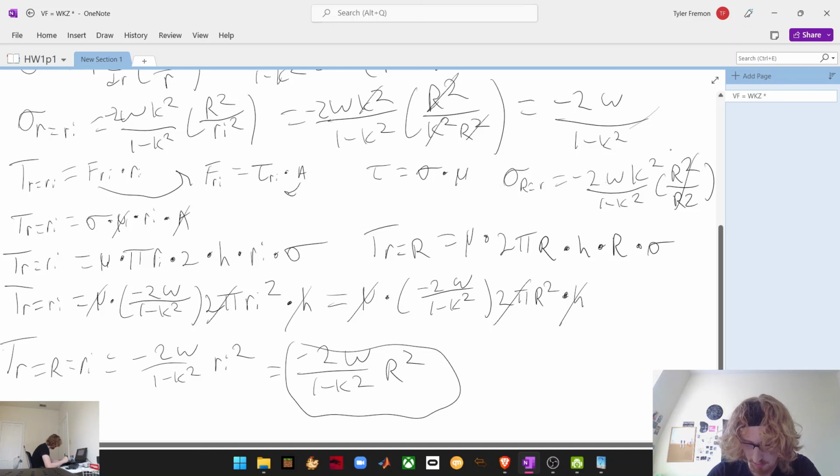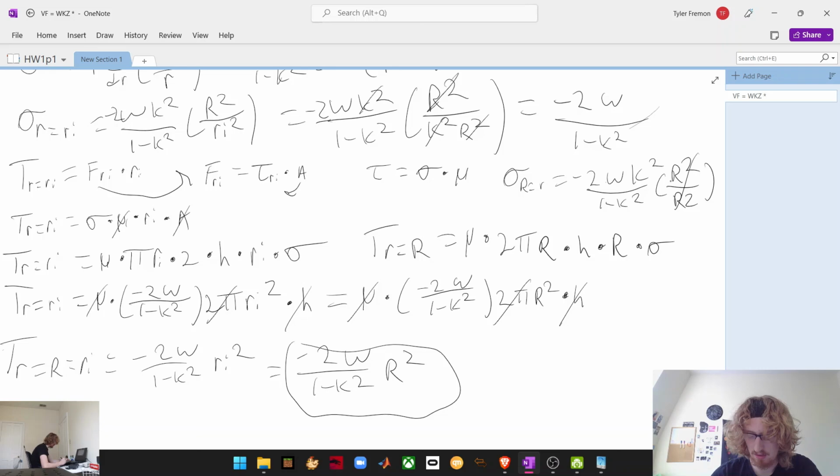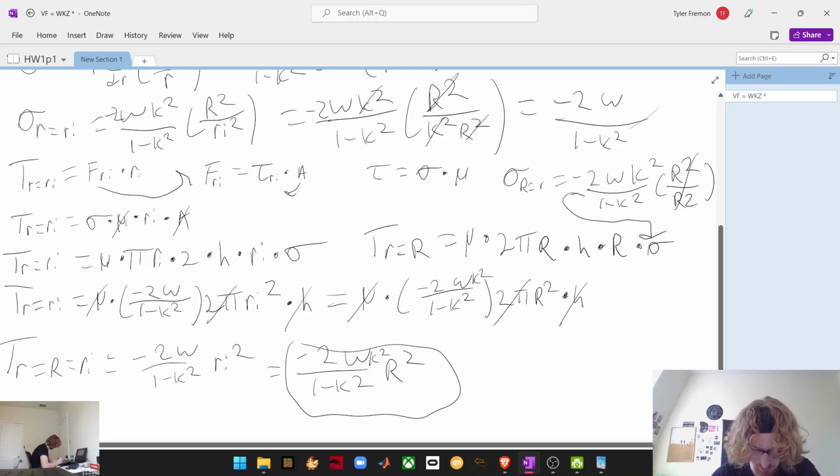So we're just going to be left with negative 2 omega k squared over 1 minus k squared. So we'll actually need to substitute this back in for that sigma. So down here, this is going to need a k squared, and then here it's going to need a k squared. So let me rewrite that just so it's a little neater.